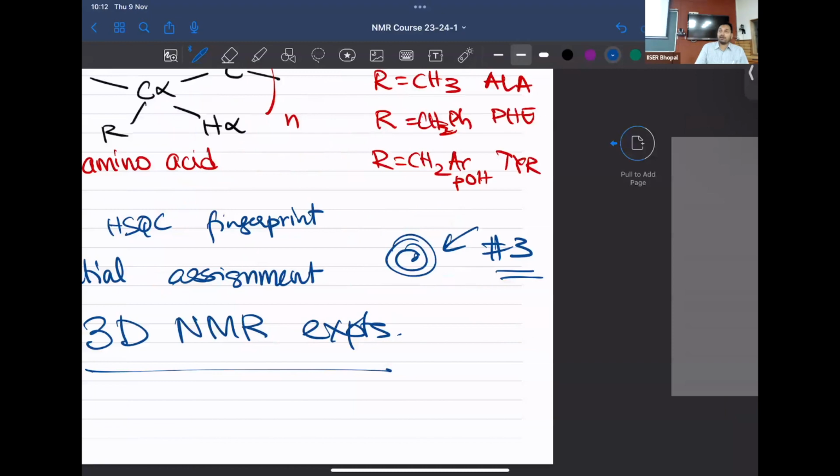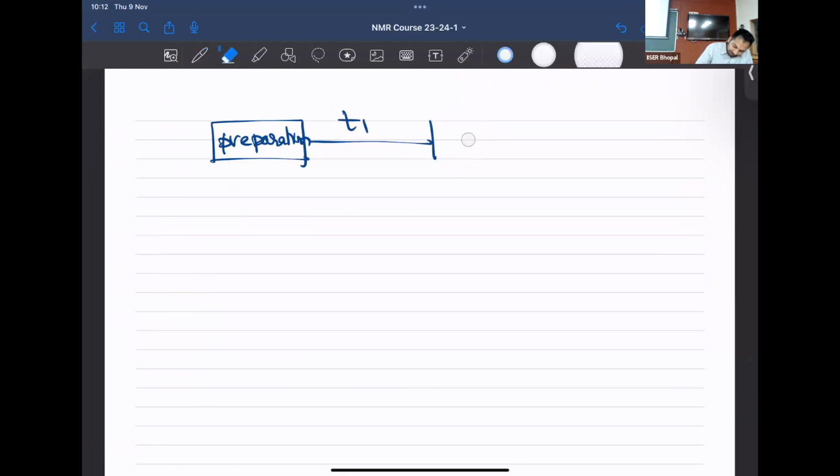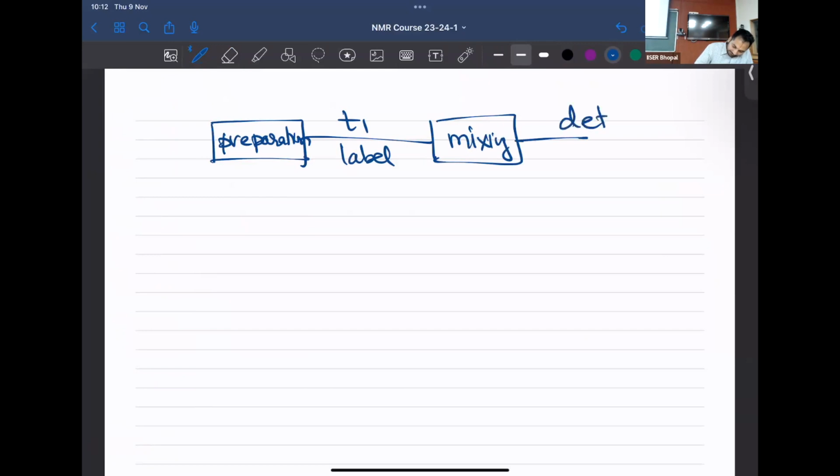The basic block diagram for a 2-dimensional NMR experiment is preparation, then T1 labeling, mixing, and then detection. What do we mean by this?